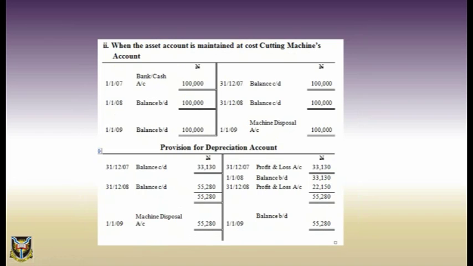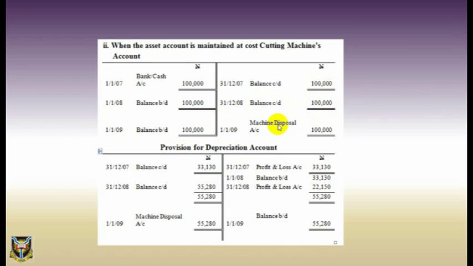1/1/2007 bank/cash account 100,000. 1/1/2008 balance B/D 100,000. 1/1/2009 balance B/D 100,000. 31/12/2007 balance C/D 100,000 naira. 31/12/2008 balance C/D 100,000 naira.